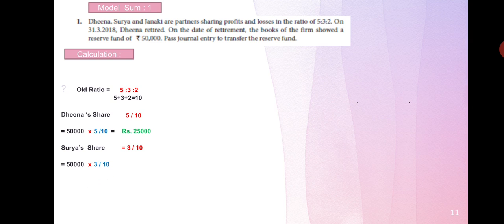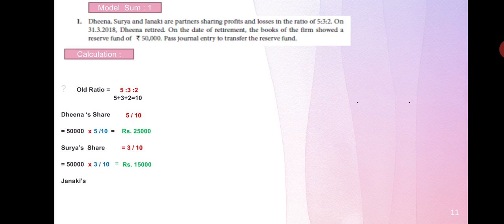Once again, like the previous calculation, you simplify. Your zeros will get cancelled, and the remaining 5 into 3 you multiply and add the 3 zeros. So you are getting 15,000 rupees. So Surya's share is 15,000.